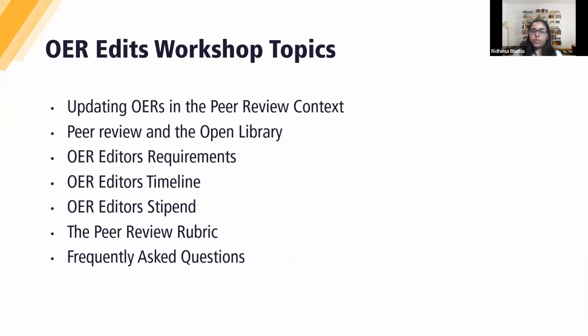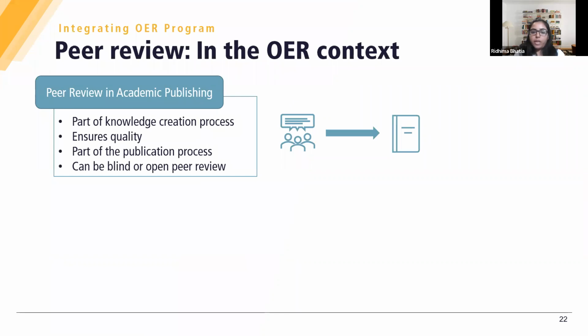Many of you must be familiar with peer review in an academic publishing sense, where it's a part of the knowledge creation process, often embedded in the publication process itself. It's a process to prevent errors and to refine knowledge before it gets disseminated. This can be a blind or open process based on a variety of levels.